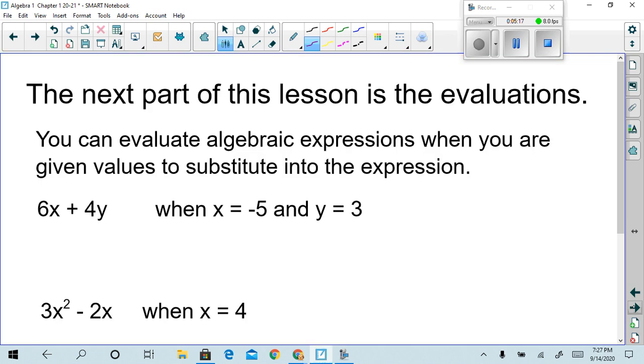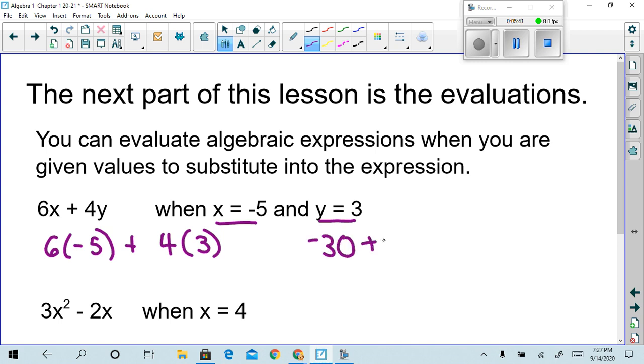The second part of the lesson is about the evaluations. In evaluations, you're going to start with an algebraic expression, and then you're going to be given values to substitute or replace in. This will be 6 times a negative 5 plus a 4 times 3. Then you simplify using order of operations. Once you substitute them in, you'll have a negative 30 plus 12, and you'll find your answer.